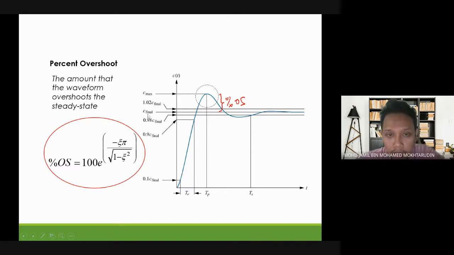So steady state value is at C final, but the system oscillates and moves more, up to Cmax, okay, from the C final value. So the percent overshoot is calculated by finding the percentage difference between Cmax and C final.